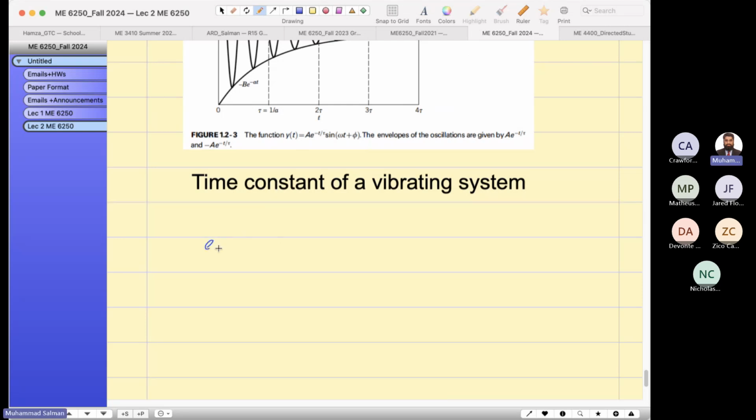For example, you have a differential equation, like first order. I would say time constant times x dot plus x equal to 0.